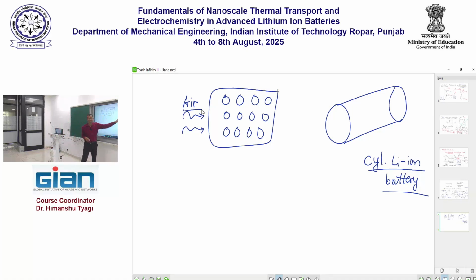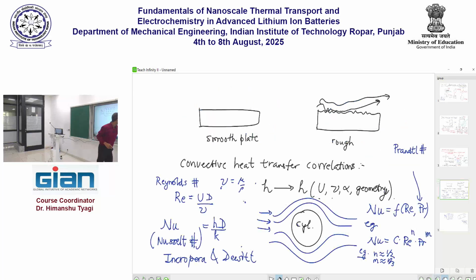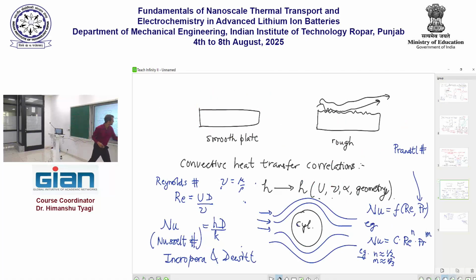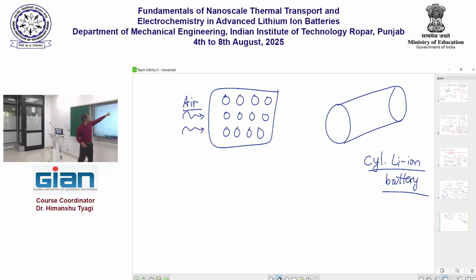How hot will these cells get? And whether the battery pack will be safe or not. In order to solve that problem, we start really from this very fundamental equation, Q equals H delta T. We find the value of H from correlations like this, right? And that tells us how much heat I can remove from a cylindrical lithium-ion battery.